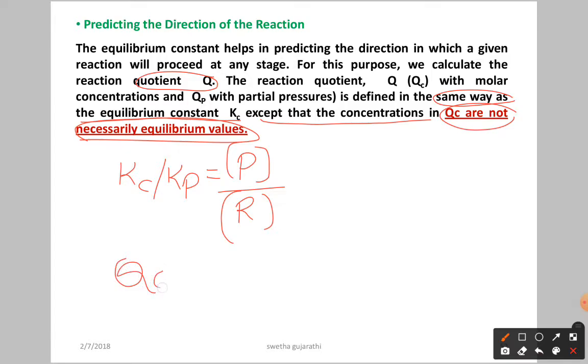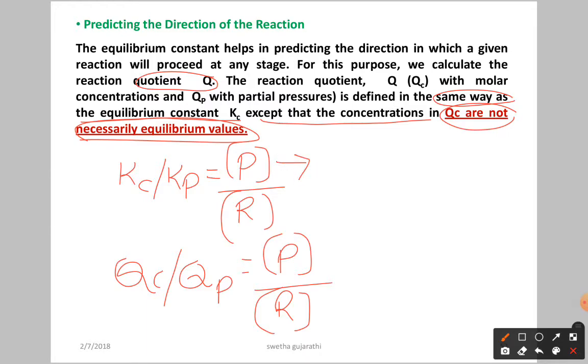Either you take Qc, which uses concentration, or if you take partial pressure, you take Qp. This is also the ratio of molar concentration of products to molar concentration of reactants. But the difference is that for K, these must be equilibrium concentrations.